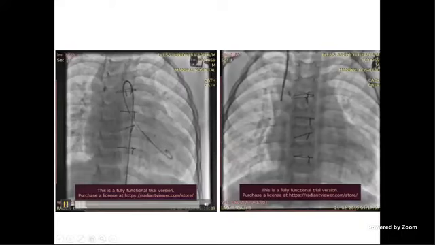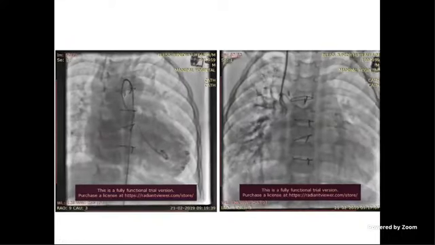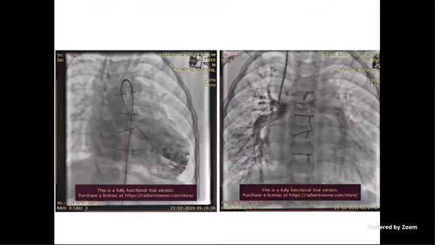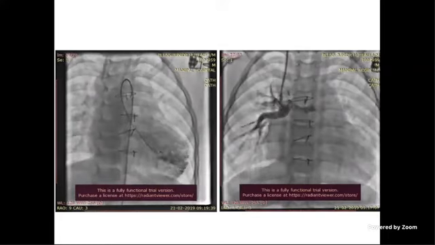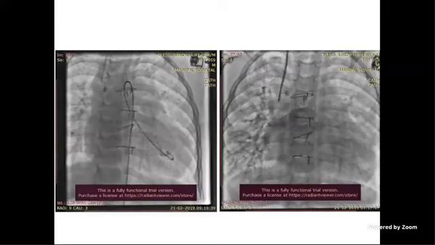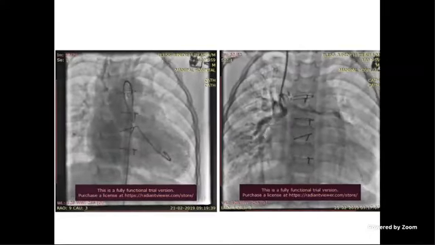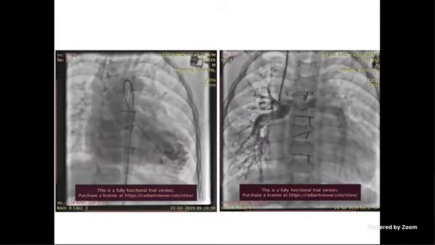Yeah, Deepanjan. On the left side, we can see it's an AP view, and the catheter course is from the aorta across the arch into the LV, and we can see the left-sided ventricle has trabeculations and is connected to the aorta.